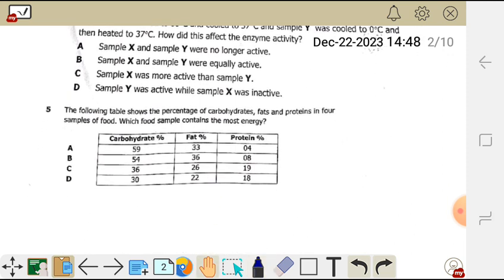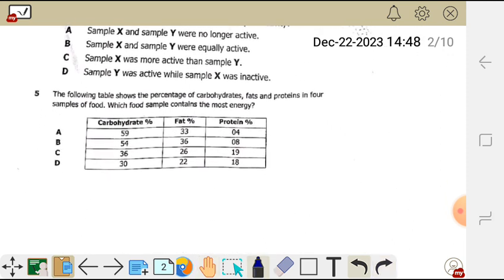Question 5. The following table shows percentage of carbohydrates, fats, and proteins in 4 samples of food. Which food sample contains the most energy?